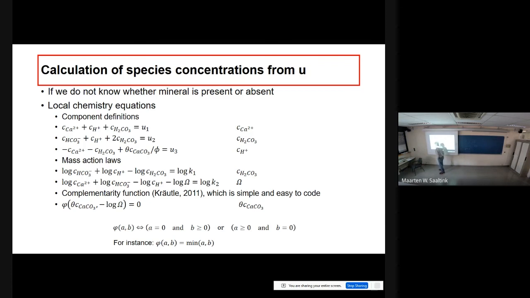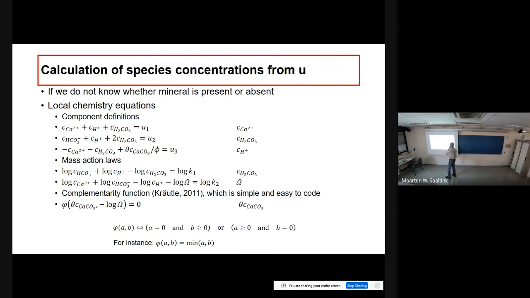And this is just to say, for instance, if A is larger than 0, if I have precipitation, if I have mineral, then B is 0, and the log omega should be 0, which means, of course, that omega should be 1. And also the other way around: B larger than 0 means that omega is smaller than 1.